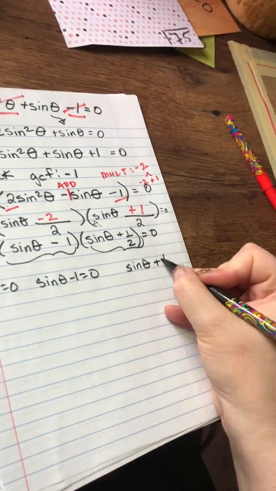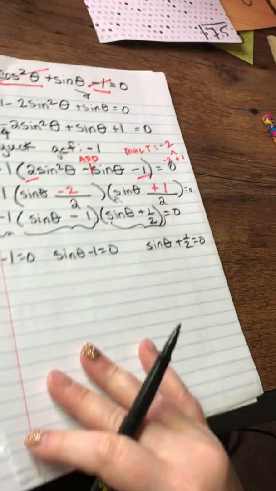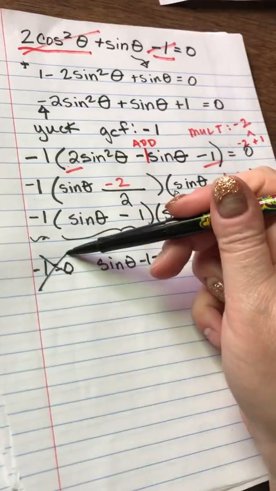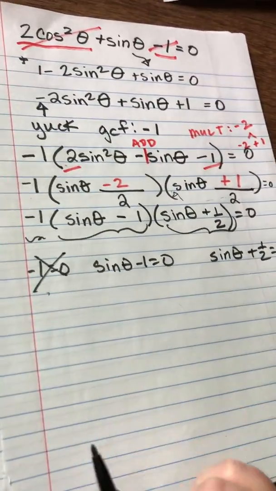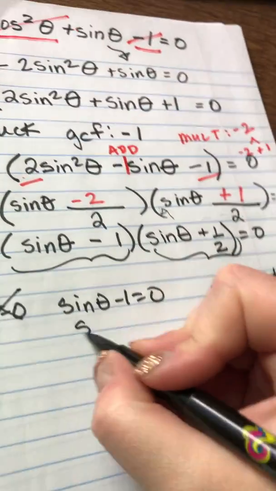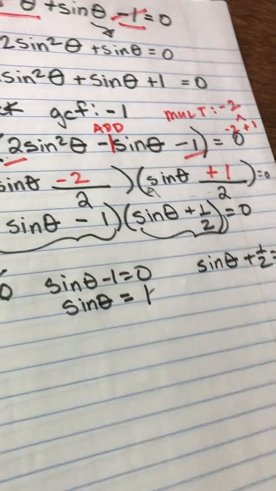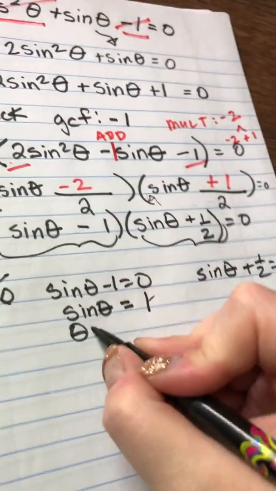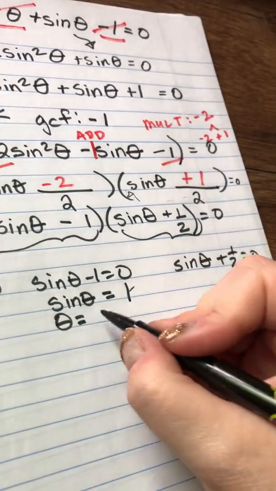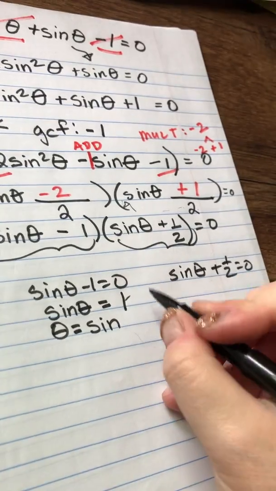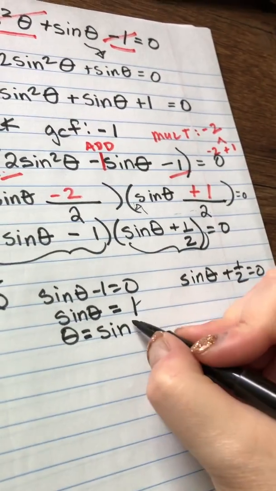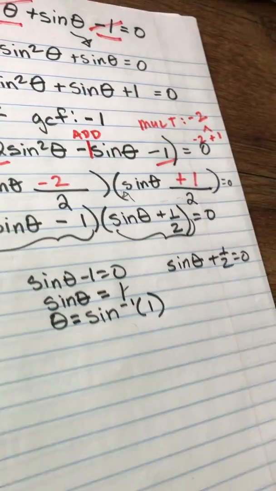Okay, so I'm writing each little chunk equal to 0. And this -1 equals 0 just gets trashed out because there's not a theta there to solve for. This one, remember you add 1 to the other side, so you get sine theta equals 1. You throw an inverse on it, it cancels, so you get theta equals sine inverse of 1.